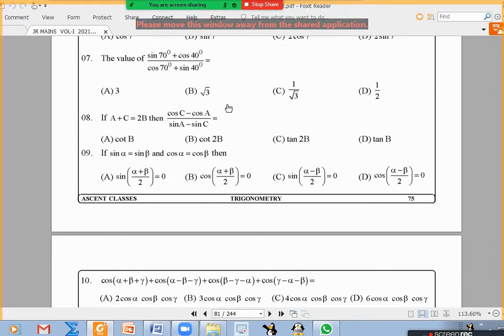Sin 70 degrees plus cos 40 degrees, over cos 70 degrees plus sin 40 degrees.